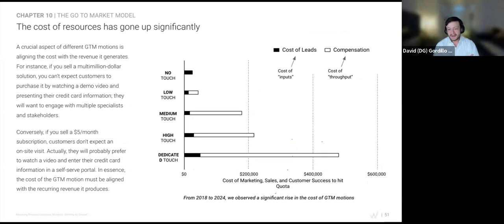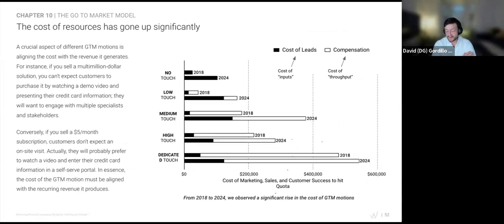And lastly, and this is connected with the trends on the different thresholds that I explained, we have seen a trend since 2018 until today, actually two trends, in terms of the cost of leads, so generating leads, and the compensation. First, and this is particularly exacerbated now with AI and generative AI out there, the cost per lead increased dramatically. And this was because a lot of different channels got saturated.